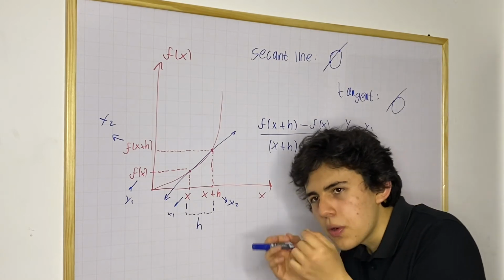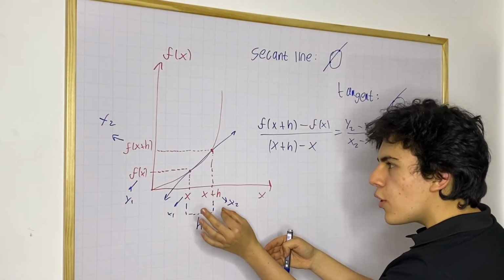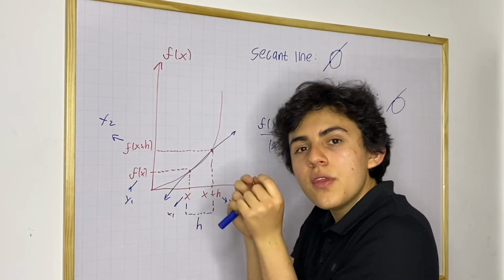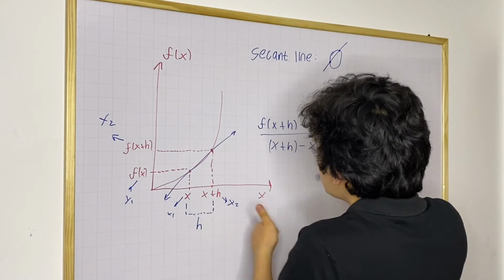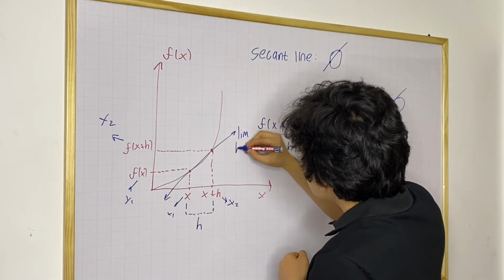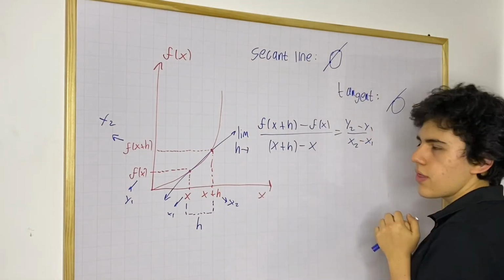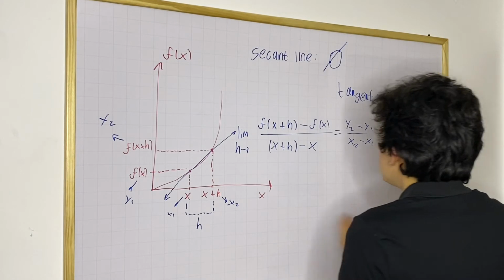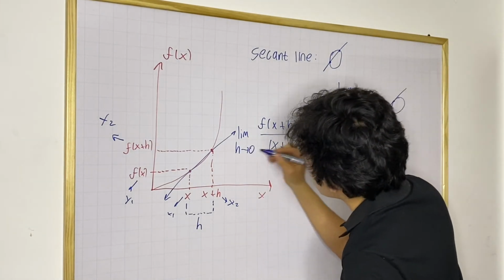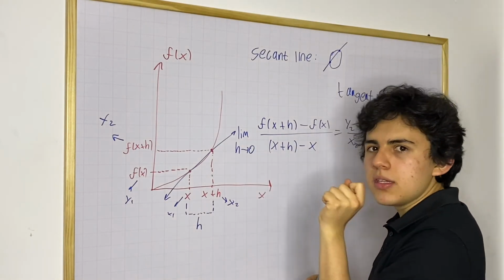Now, once again, what if we bring the distance between these two points, and therefore the distance between these two y values, very close to 0? What if we said the limit as h is approaching 0 of this slope right there? What if h is approaching 0? What is the limit?